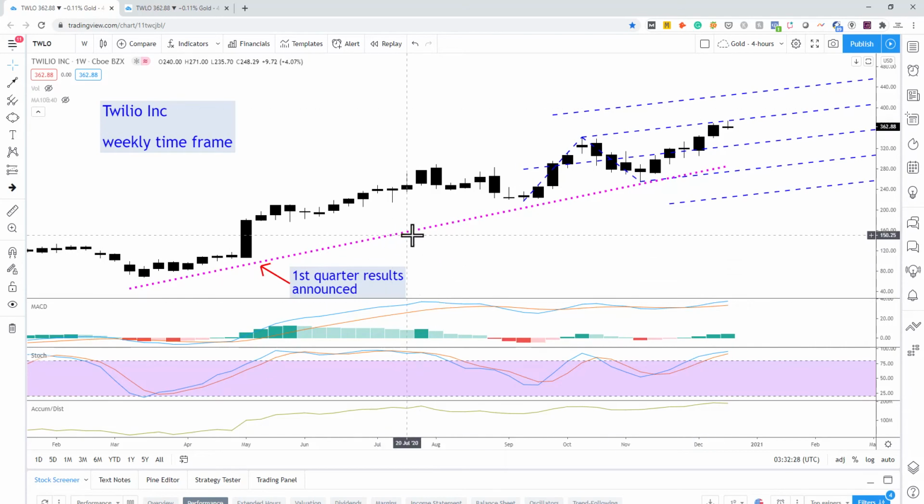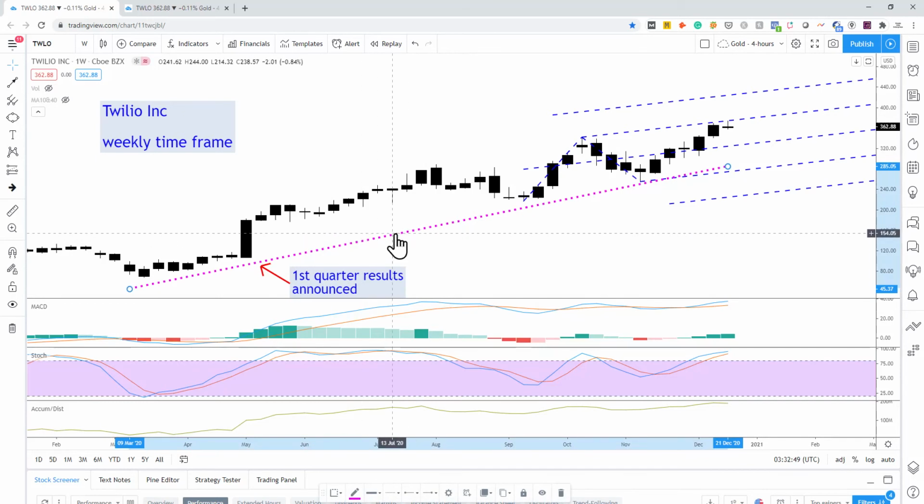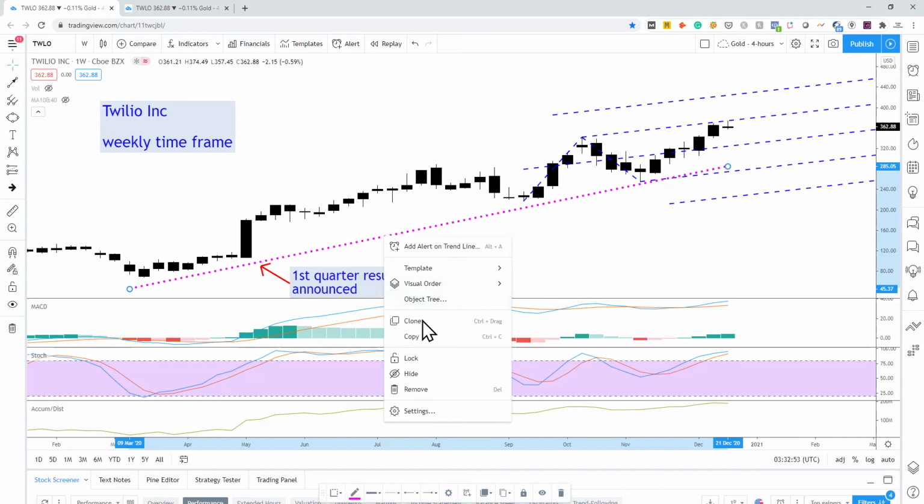And so what I wanted to show is how I arrived at, or noticed, this channel. It clearly, to my eye at least, there was a trend line. So that was the first thing I noticed, that there's a trend line right there. I started by drawing this bottom pink line, and then I cloned it.